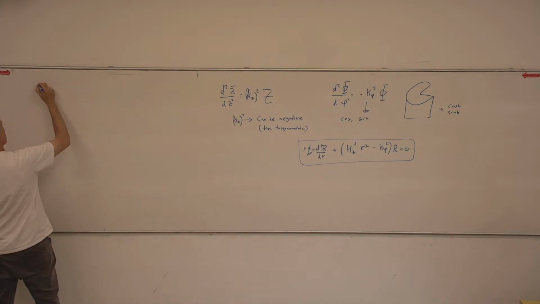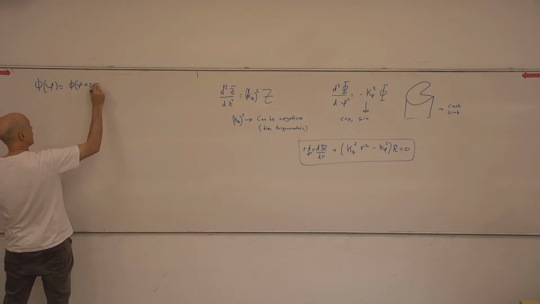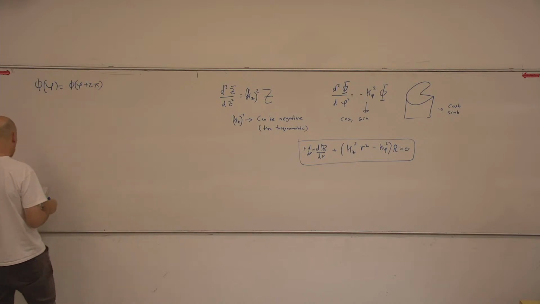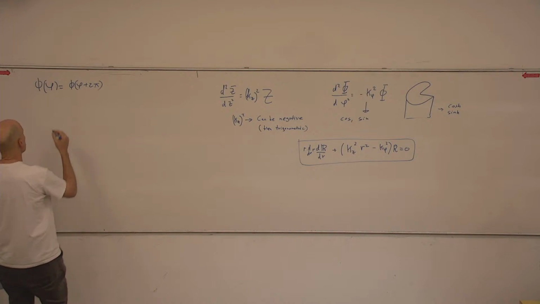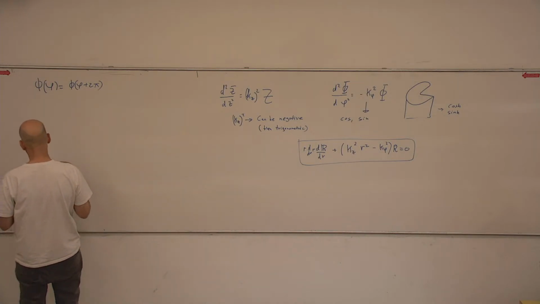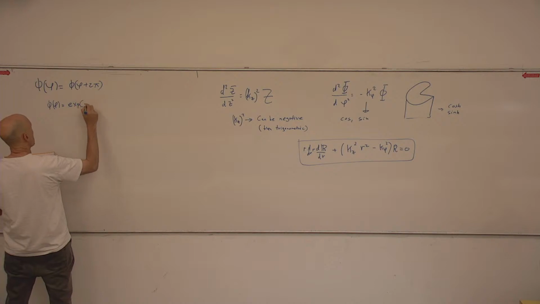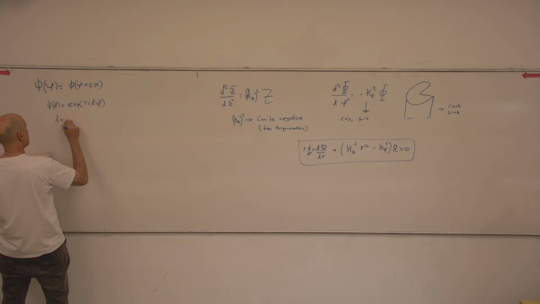Since the function phi is equal to phi plus 2 pi, we can choose the solutions as what I call trigonometric solutions, and I can present them, for example, as phi equals exponential of minus or plus i l phi, where l is an integer.